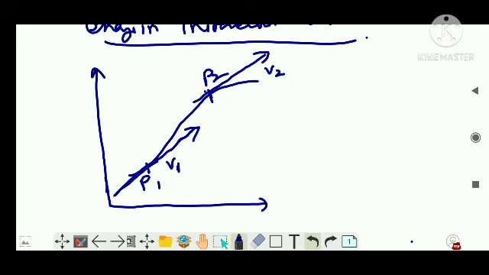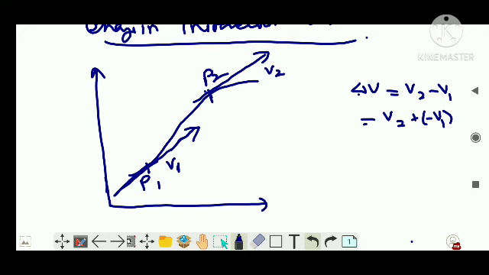Okay, let's say I'm going to draw it like this. This is v2 vector, right? Before that I will make you understand what is change in velocity. That means I have to find delta v. I know it is v2 minus v1, so I can write it as v2 plus minus v1.